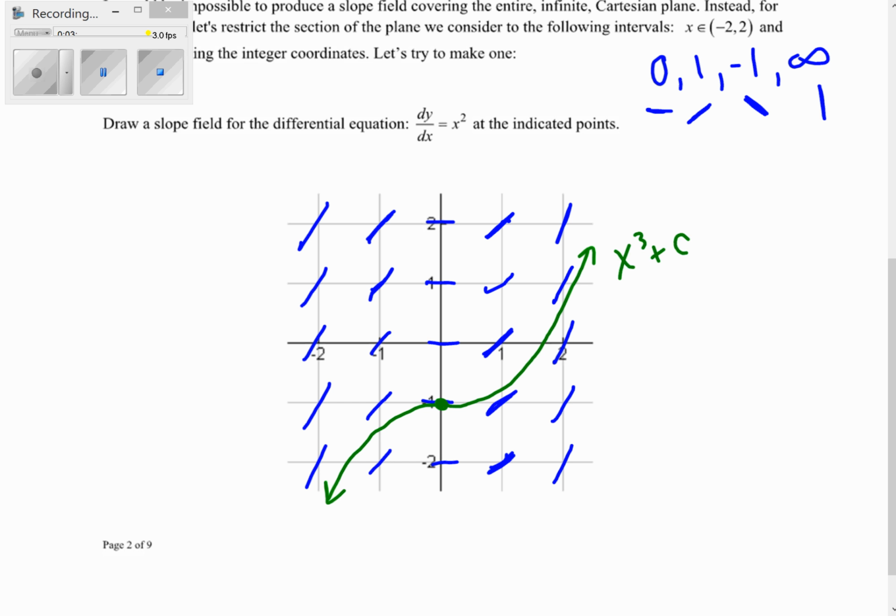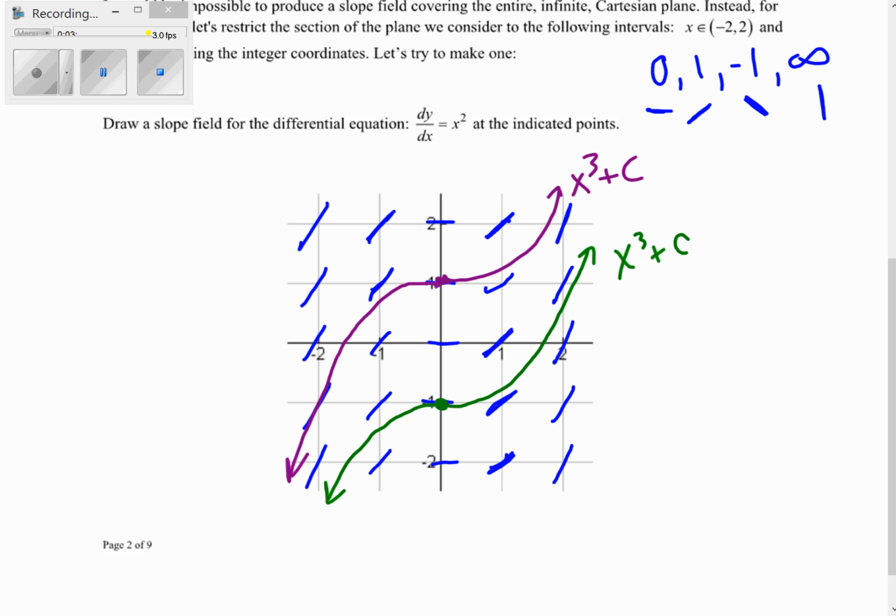For some value. If I pick something else, maybe I want to pick this point, then I would follow it this way, and it gets steeper. It would look like that, and that would be like another x cubed plus some other constant.